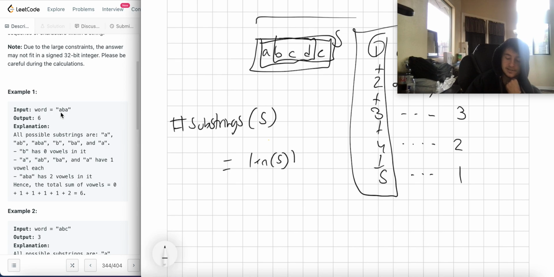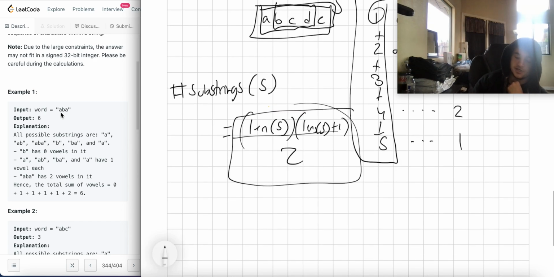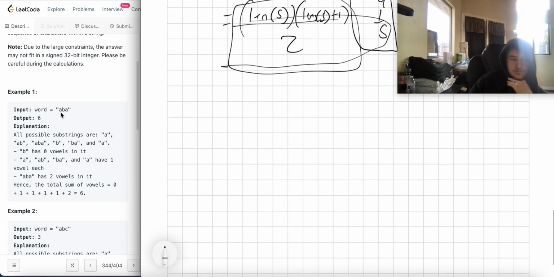So this is a general formula corresponding to this summation. And if you've ever taken a discrete math class, it associates with this. So that's just something to think about, right?